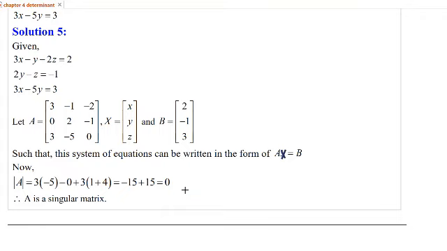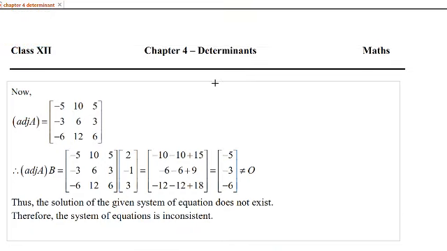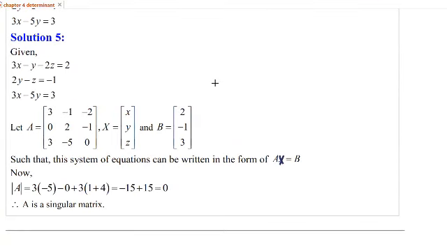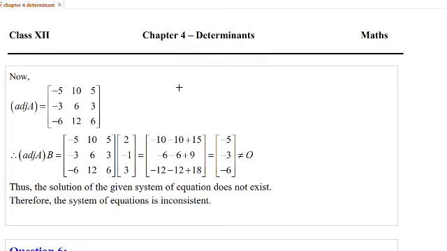So now what we need to check is adjoint A into B. If adjoint A into B is 0, then it is consistent, otherwise it is inconsistent. So we have found adjoint A. How to find it? First we find all the cofactors, then transpose, and then you'll get your adjoint. I'm not doing this calculation here.